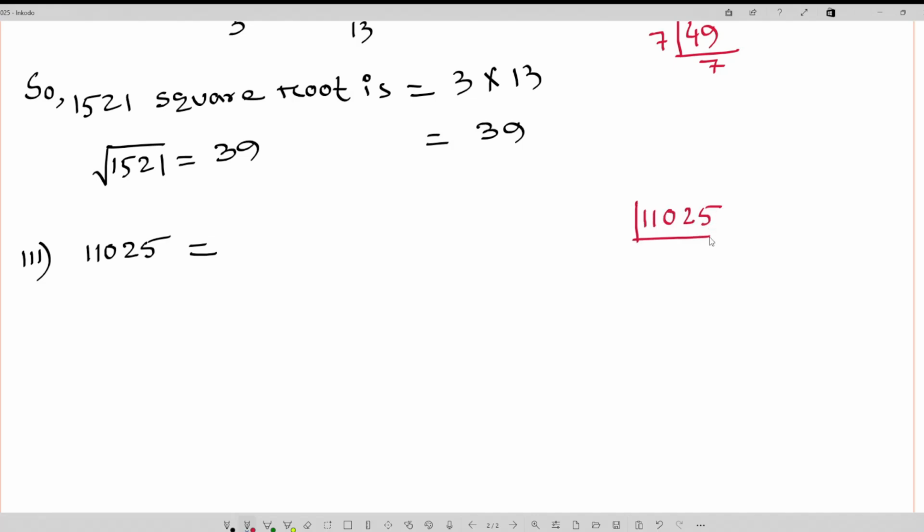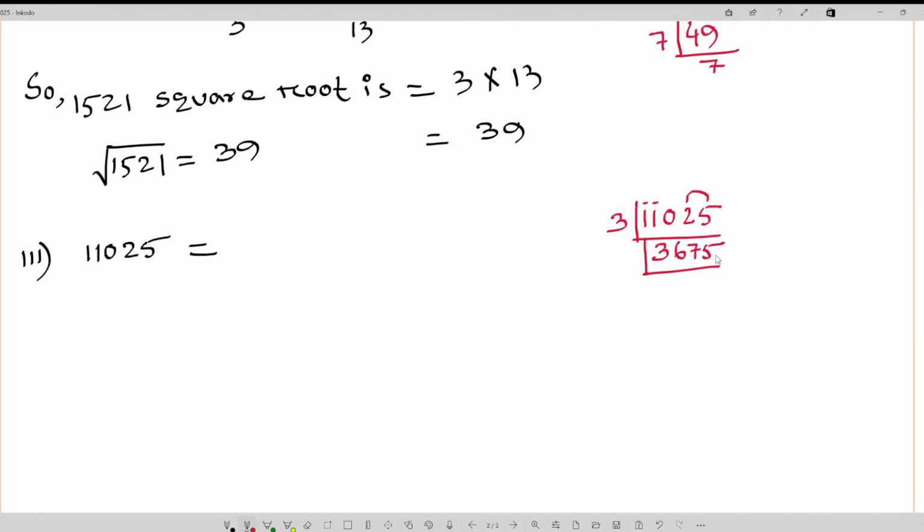We can divide this one by 3 because 5 plus 2 is 7, 7 plus 1 is 8, 8 plus 1 is 9. So once we can divide 9 by 3, the whole number can be divided by 3. This is a simple formula. So 11025 divided by 3 will be 3675, right?